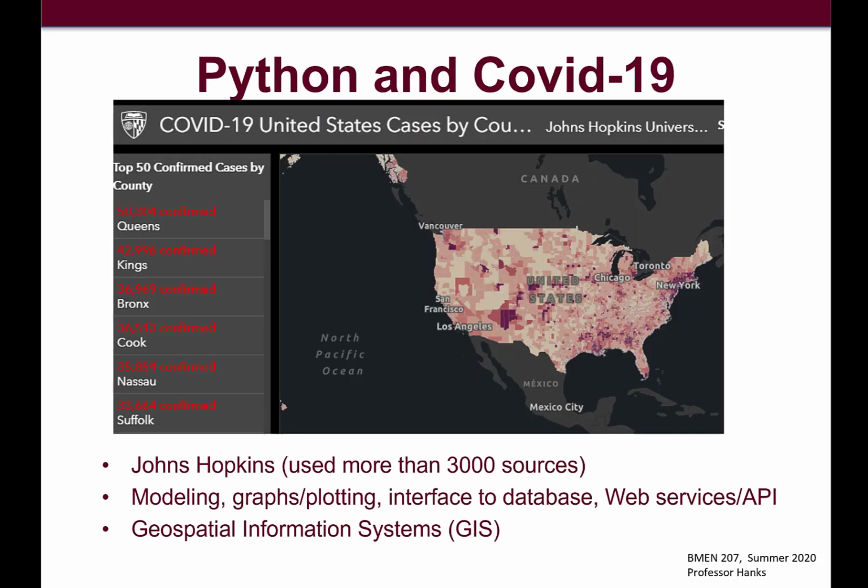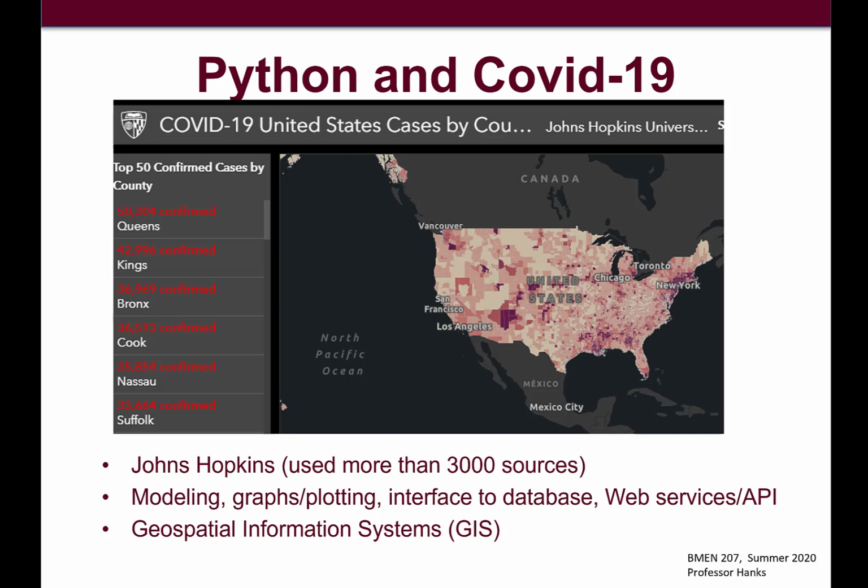We're all living in the period of COVID-19. We'll probably remember the spring and summer of 2020 for the rest of our lives as the summer of COVID-19. You've all seen the reports from Johns Hopkins tracking the location of the coronavirus. The tool that Johns Hopkins used was Python.